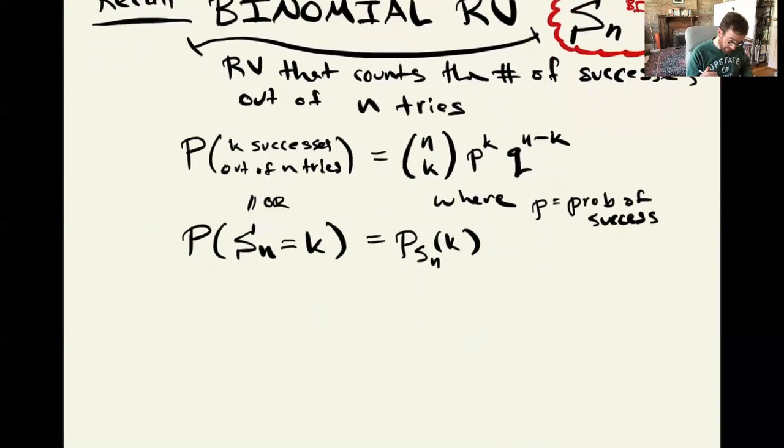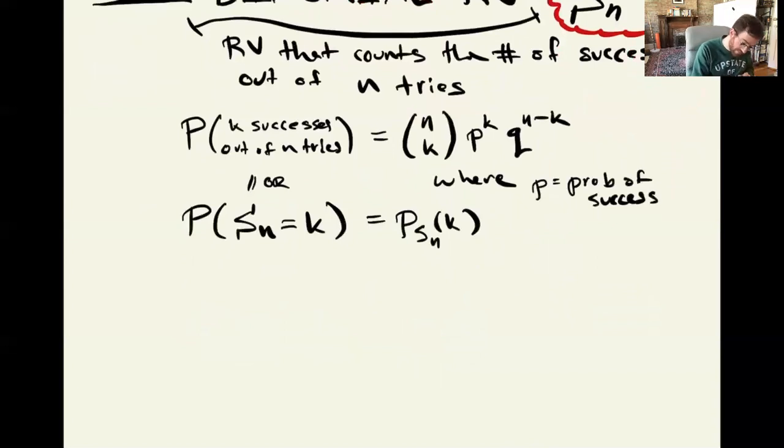Now, it's convenient to represent these values in a PMF chart, probability mass function chart. So let's go ahead and spell that out here. It looks something like this. You might want to call this the PMF notation.